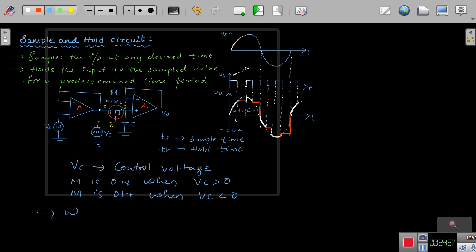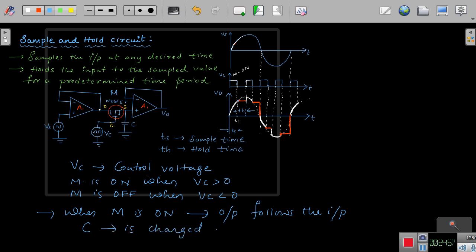When M is on, the output follows the input. Am I right or not? When M is on, the output follows the input, and C is charged to the instantaneous input voltage level.